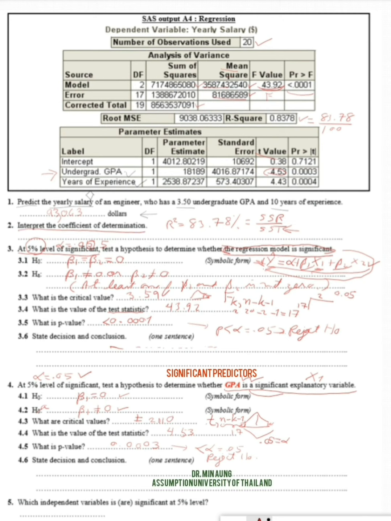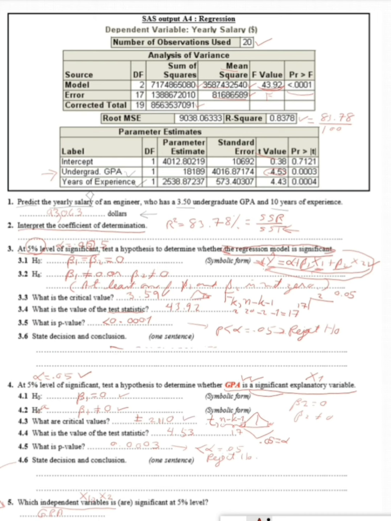Now the last question. Which independent variables are significant at 5% level? x1, GPA, x2, years of experience. GPA is significant, right? Already shown above. Question number 4. You can do the same here also. Beta 2 is 0, or HA, beta 2 is not 0. Critical value the same.